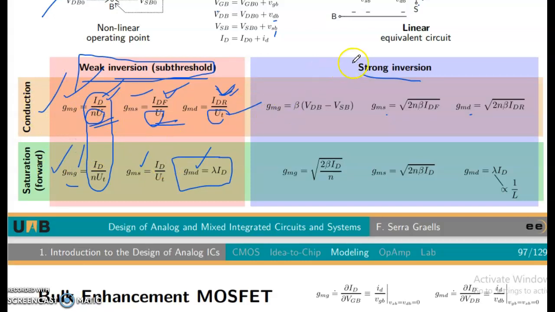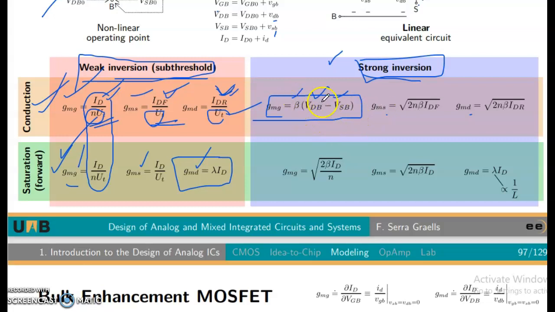Now in strong inversion, in conduction and in saturation forward. GMG equals beta times VDB minus VSP.